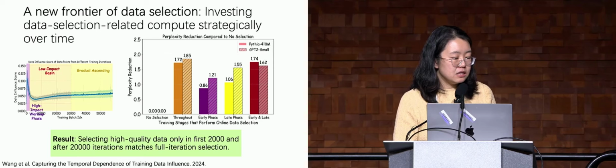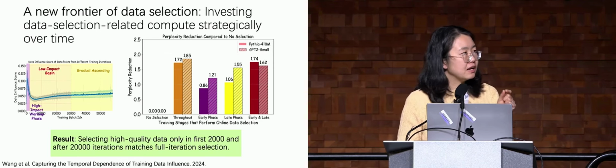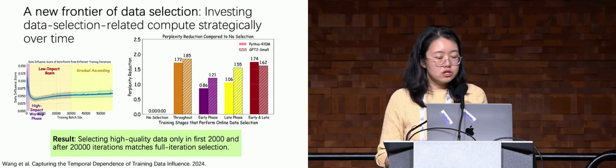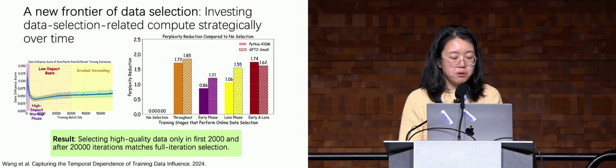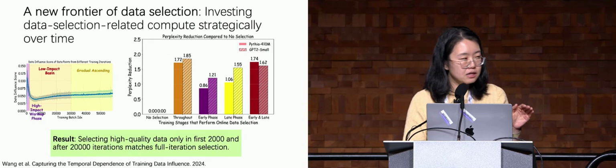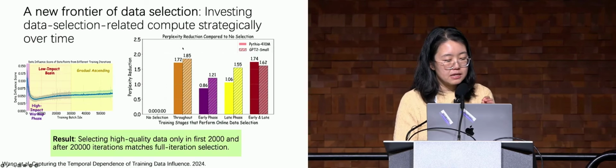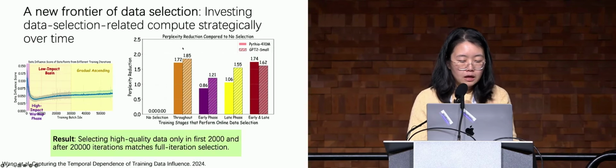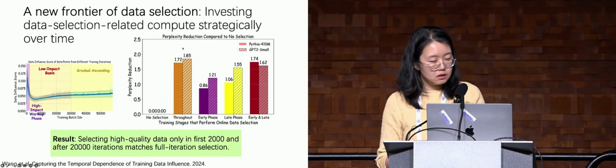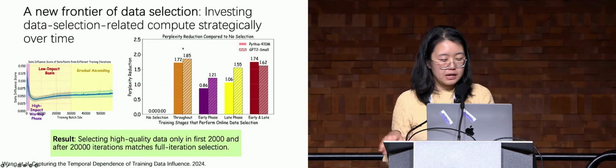Keep in mind that this region only accounts for less than 5% of your training process. But if you look at the perplexity reduction in comparison with what you can achieve selecting data throughout, it can achieve more than 50% of the reduction that can be achieved by always selecting the data during the process.